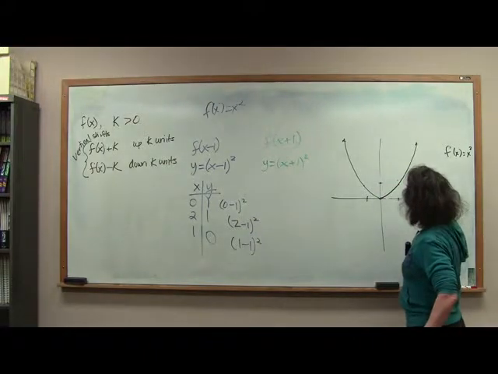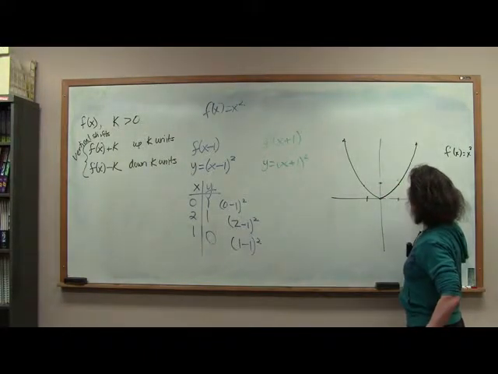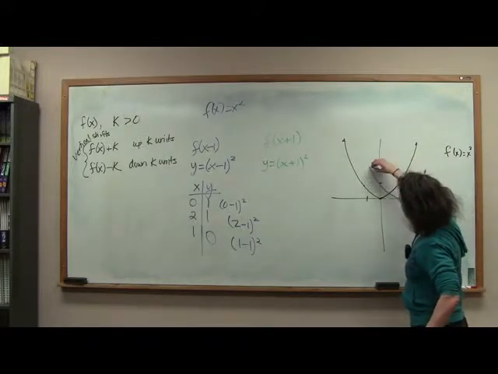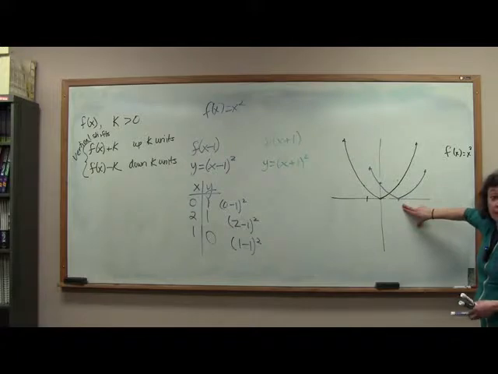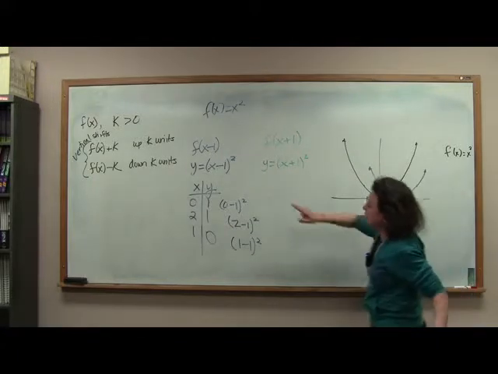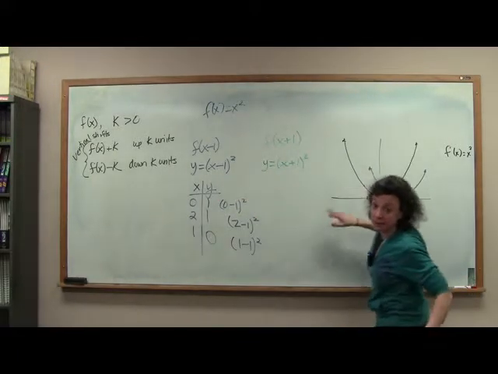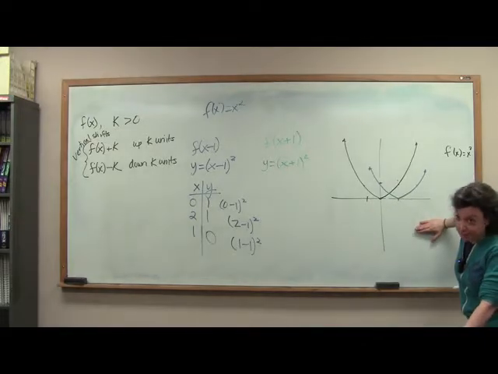With 2 we get 1. And with 1 we get 0. What happened to our graph? Sure enough, we shifted 1. Notice, though, that when you subtract within, you move it to the right one.